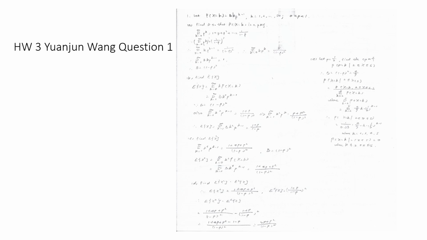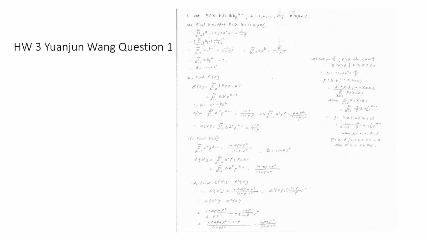C, find EX squared. From the second question, we know that k to the second times p to the k minus 1 is equal to 1 plus p over 1 minus p to the third. Now k to the third times p to the k minus 1 is just equal to 1 plus 4p plus p squared over 1 minus p to the fourth.